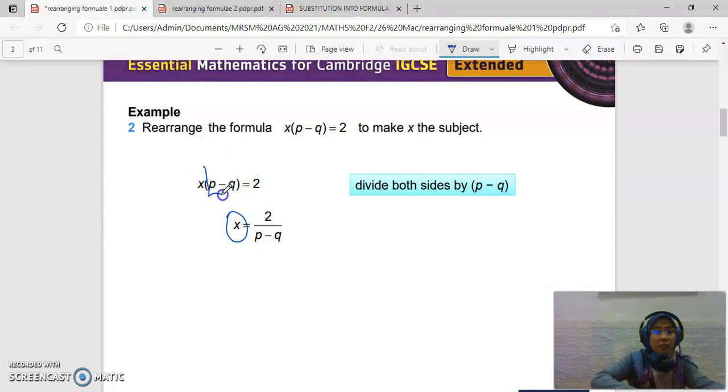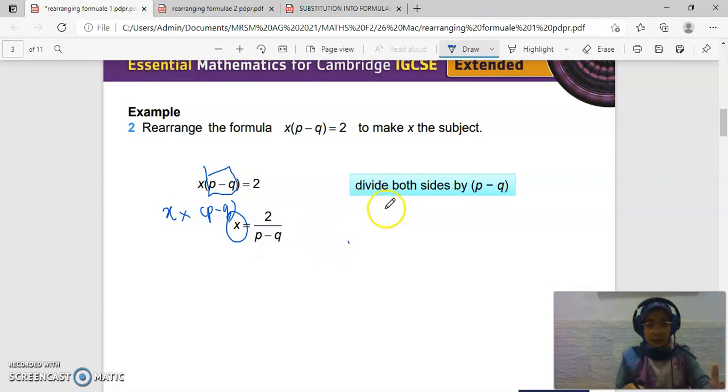So x times p minus q, you bring to the other side, it will be division. Anything that is a multiplication operation, when you bring it to the other side, will be division. That is the reverse operation. So to make x the subject, it is 2 over p minus q.